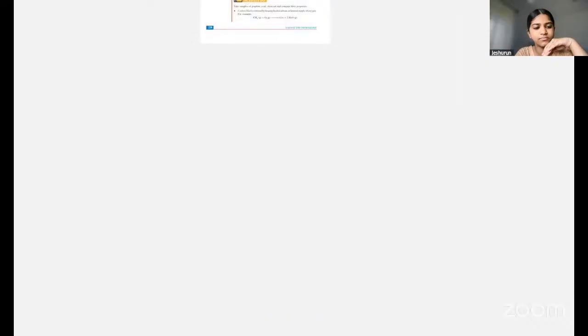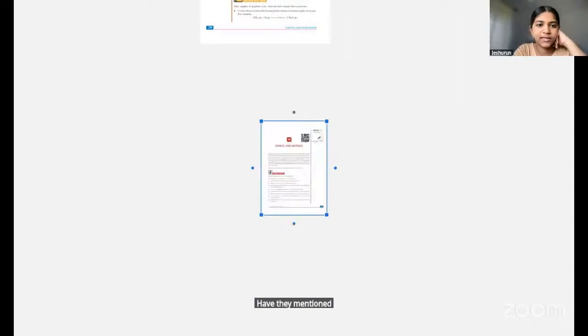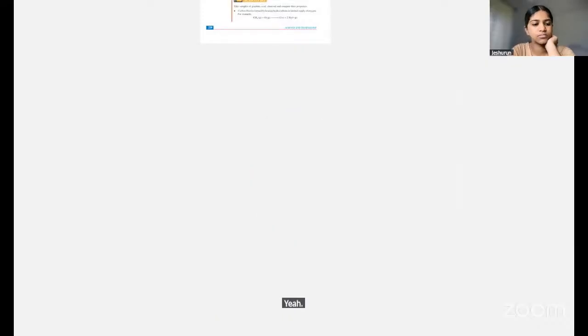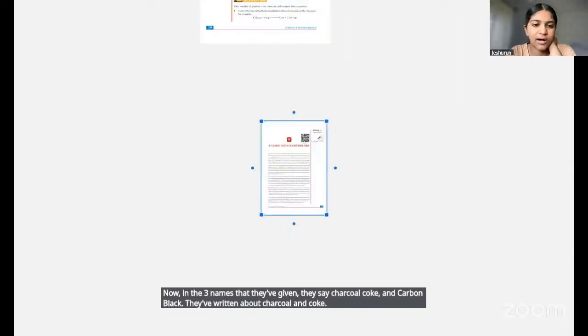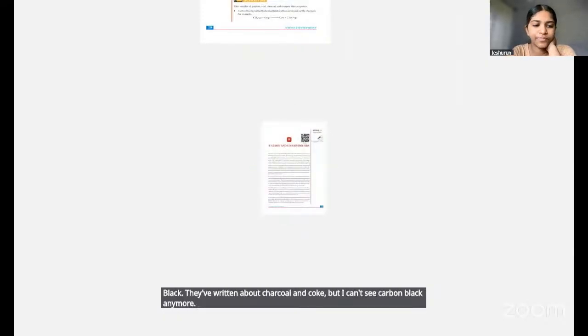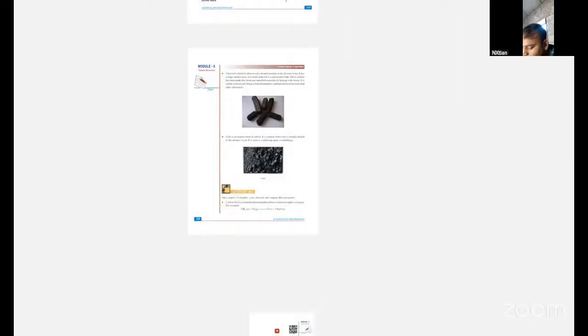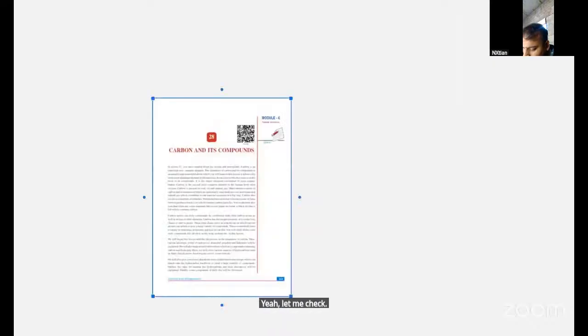Sir, have they mentioned carbon black in the section? I mean, in the book? In the three names that they've given, they say charcoal, coke, and carbon black. They've written about charcoal and coke, but I can't see carbon black anymore. Let me check if the page is there or not.